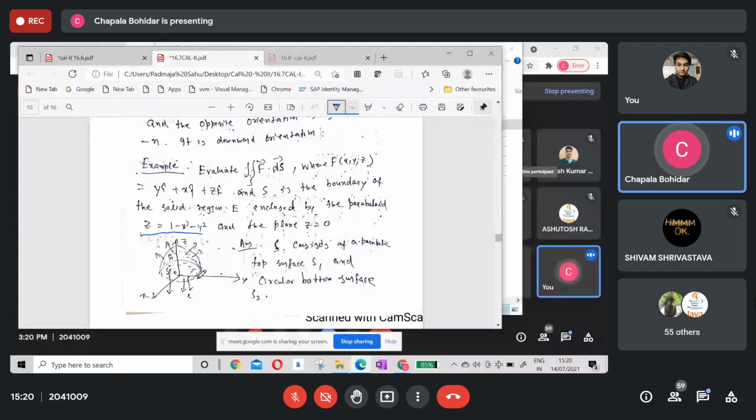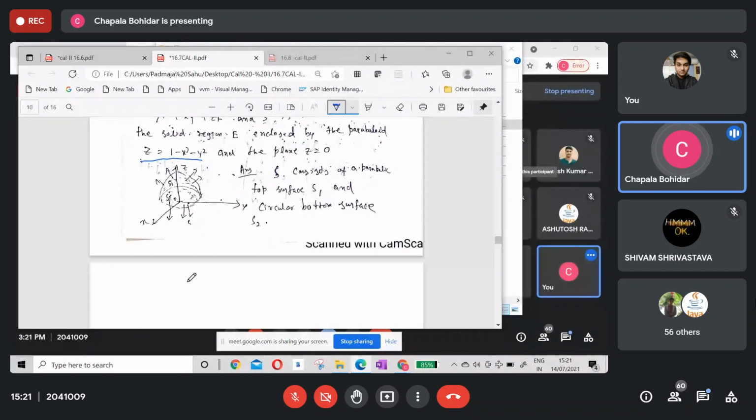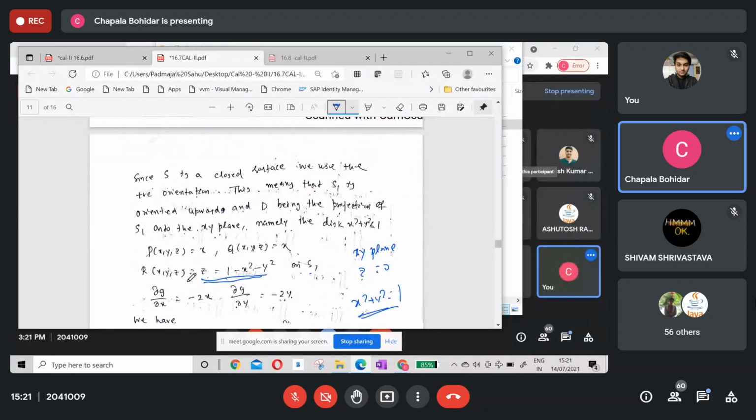S2 is our circle, and to find the surface integral we have to find it over S1 and over S2, then add them. Since S is a closed surface, we use the positive orientation.